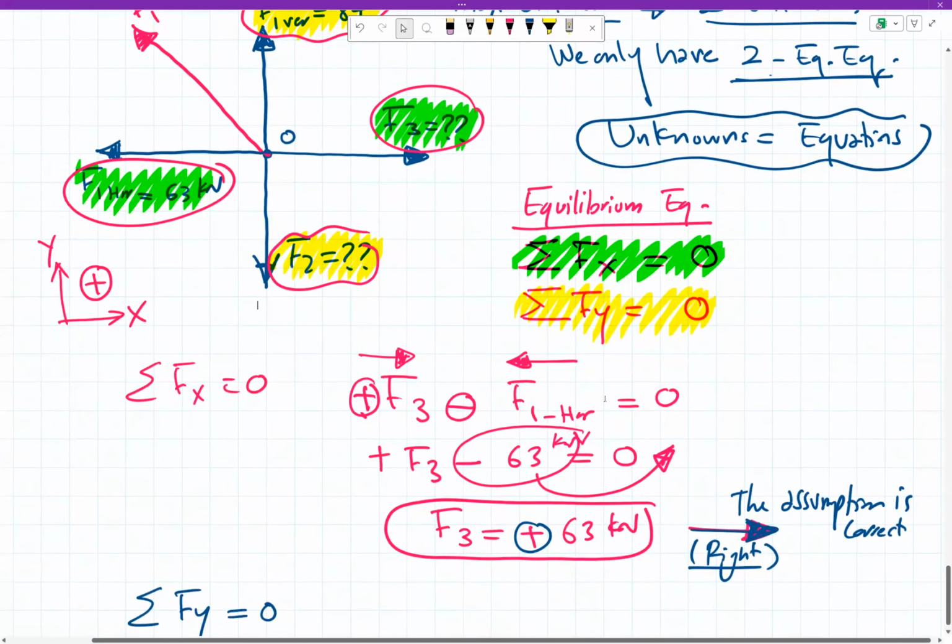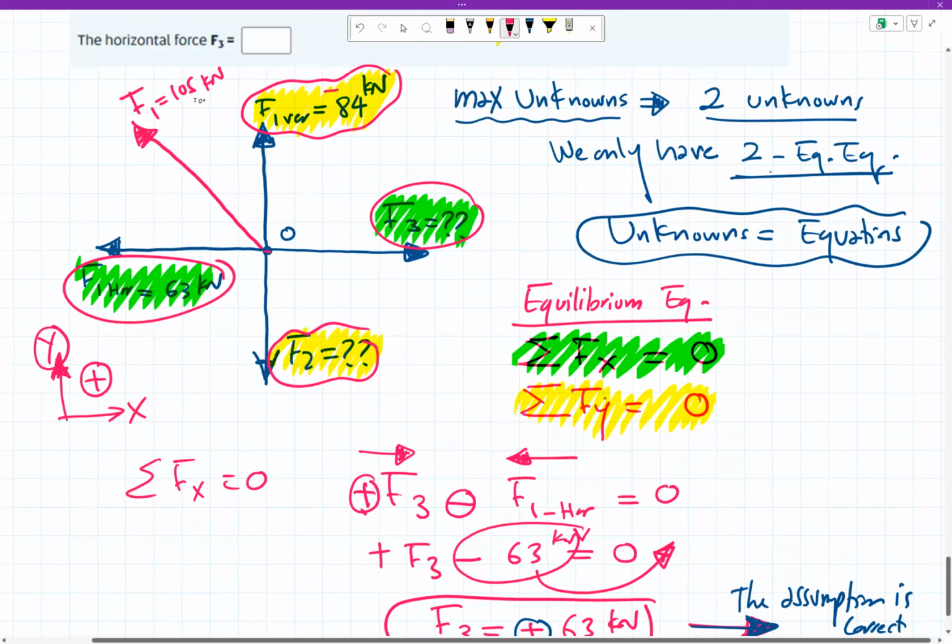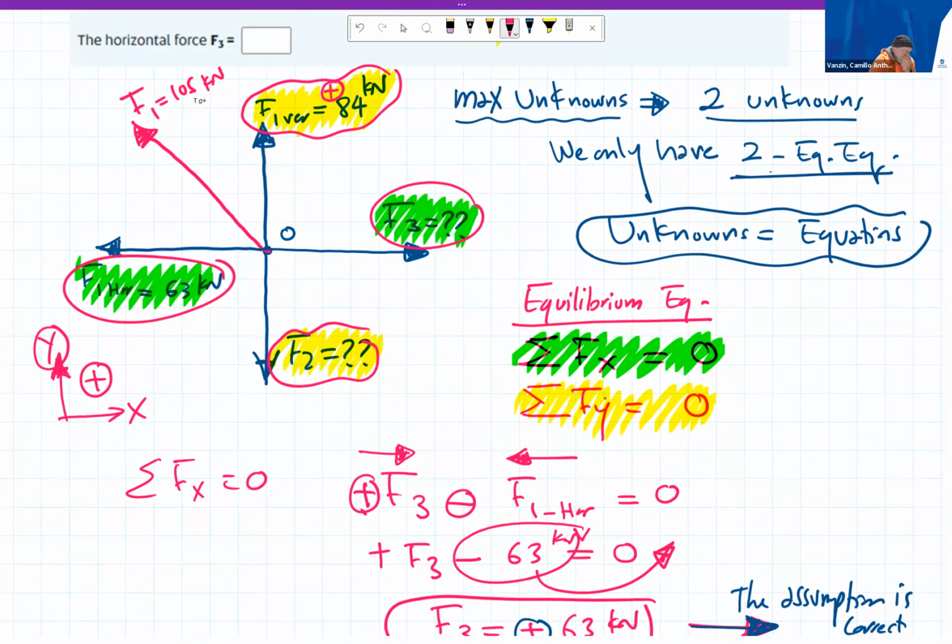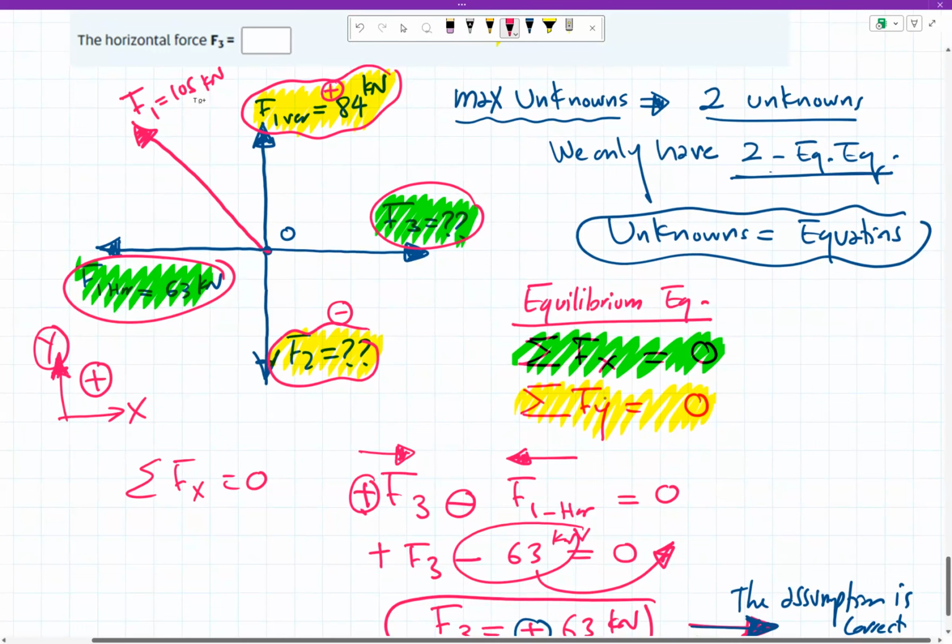So is upward positive or negative? Upward is positive, so this one will be positive. For F2, it is downward. So downward negative or positive? Negative. Why should F2 be negative? Because it is acting downward.